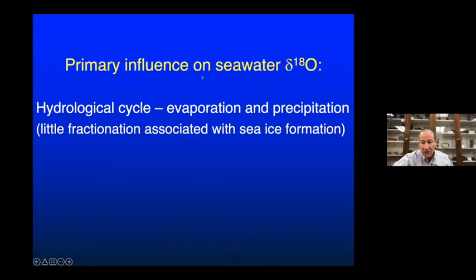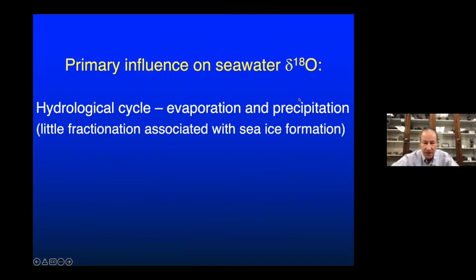So we can consider all the water on Earth. I defined it here as seawater, but we can define it as all the water on Earth. The delta O18 is predominantly influenced by the hydrologic cycle, the evaporation of the light isotope, the precipitation of the heavy isotope.